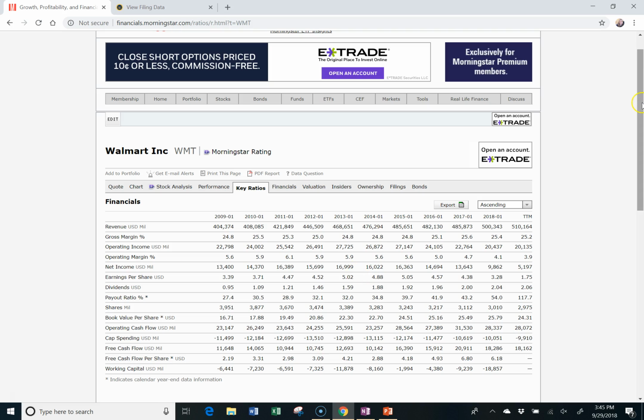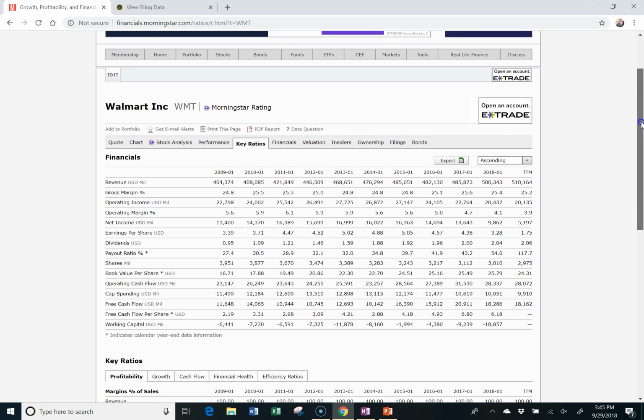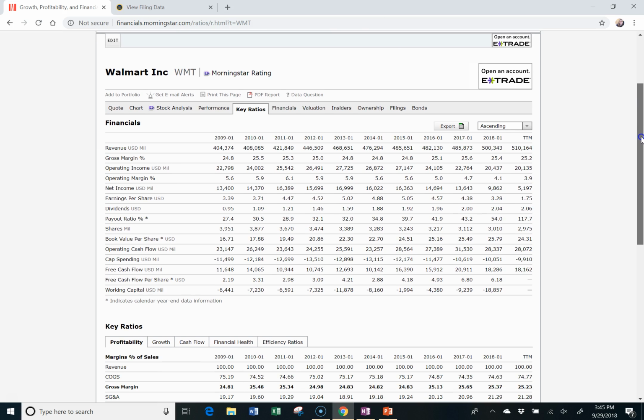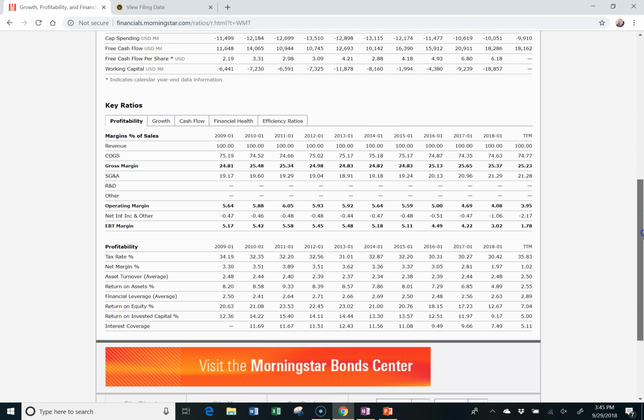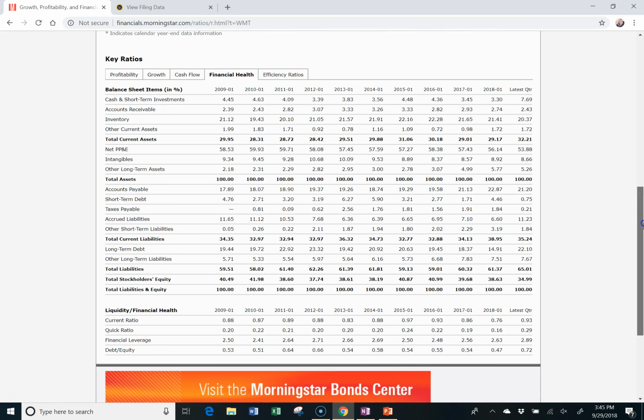Sorry, that was the wrong screen, so I've now pulled up the correct screen for Walmart financial ratios on Morningstar. And I see down here key ratios, and they are separated based upon profitability, growth, cash flow, financial health, and efficiency. So our current ratio is probably going to be under financial health, and sure enough, here it is.